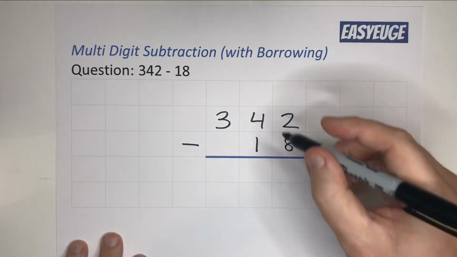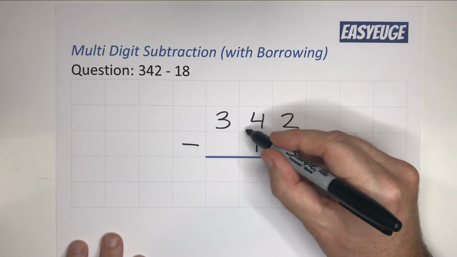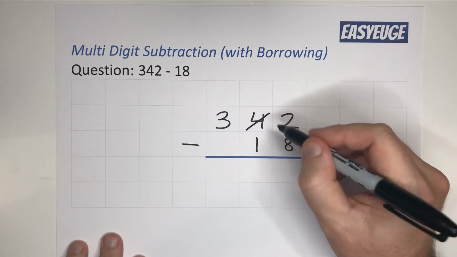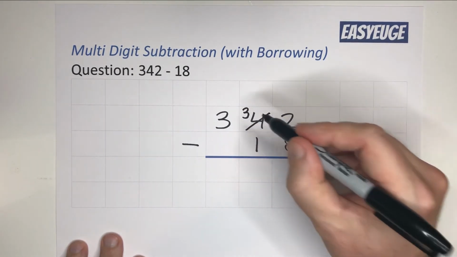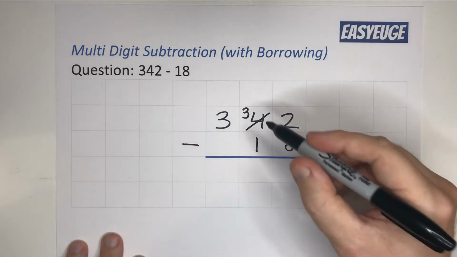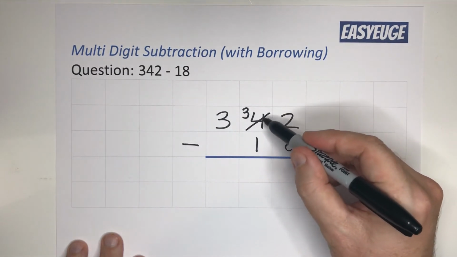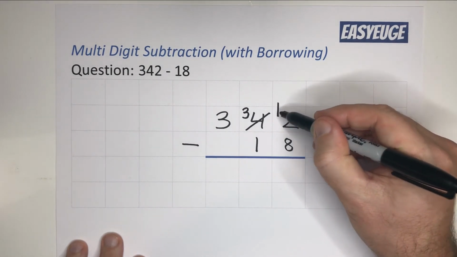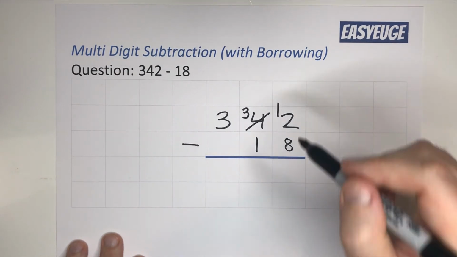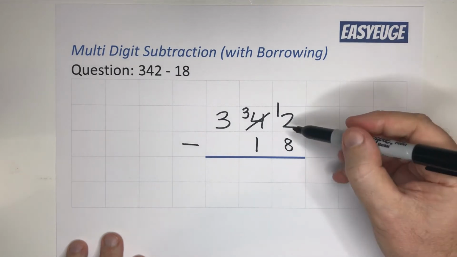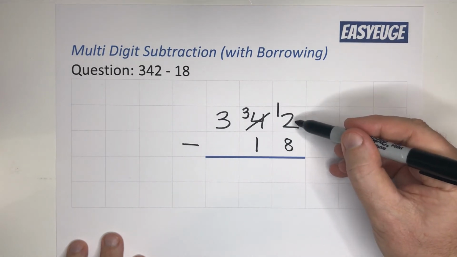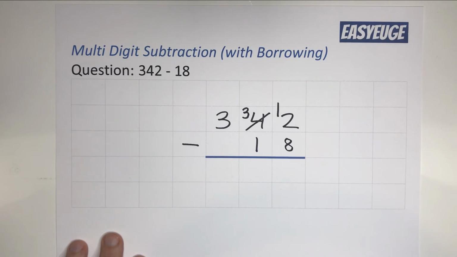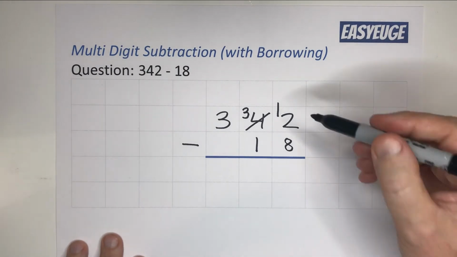So remember from the last video, we will take 4, put a line through it and move that down to a 3. We're going to borrow a 1 off this 4, so the 4 becomes a 3. And we put the 1 over here in this column, and the 2 becomes a 12.